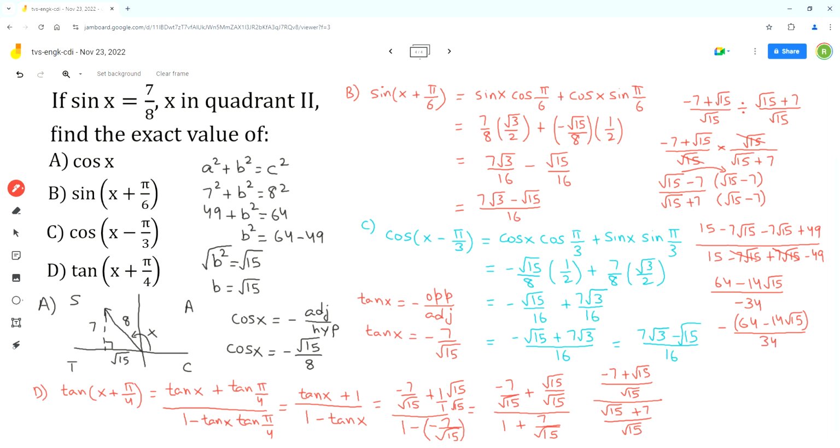We can factor out a 2 from the terms in the numerator. We can reduce 2 and 34. So this should be the final answer for part D.